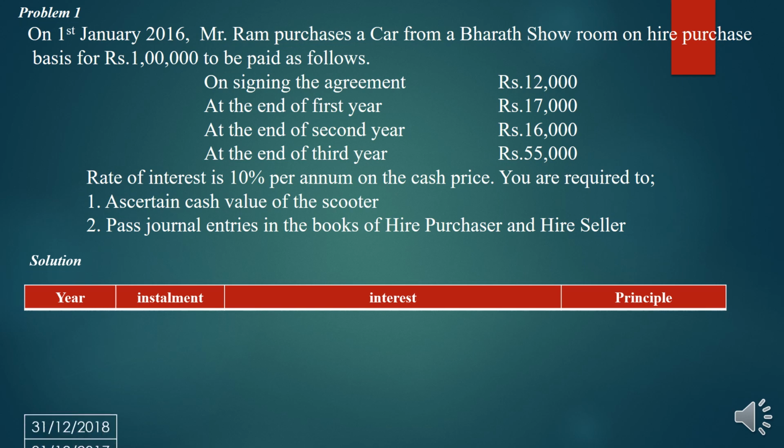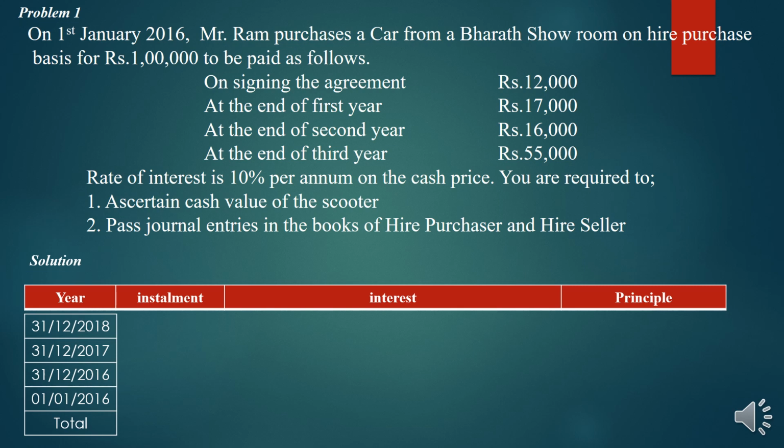Now we have to use the backward method. We'll start from the last year, 31st 12 2018, and end up with the present date, that is the date of down payment or the date of agreement, 1/1/2016.